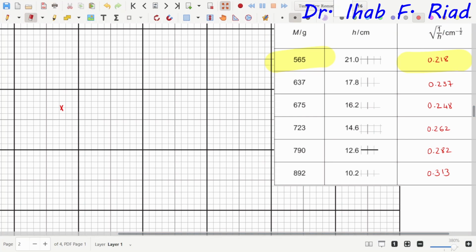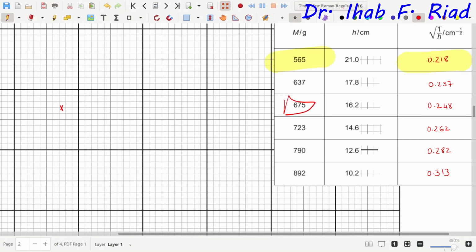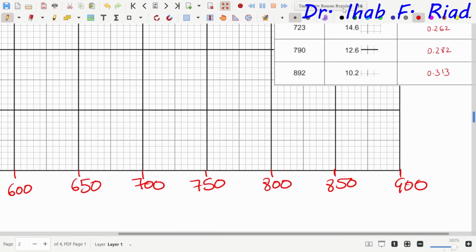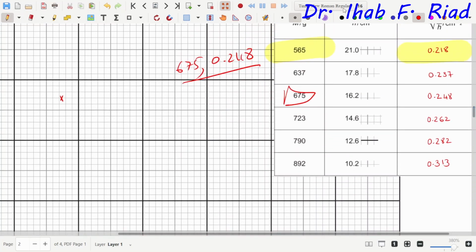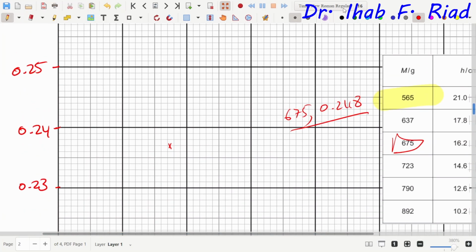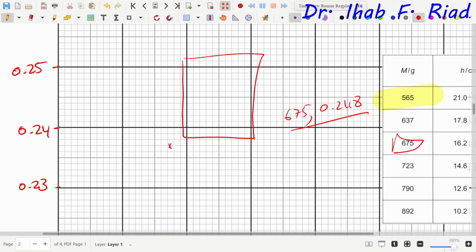So we have 675 and 0.248. Let us see, 675 and 0.248, meaning it is going to be around this square.